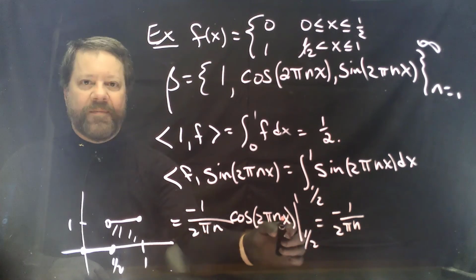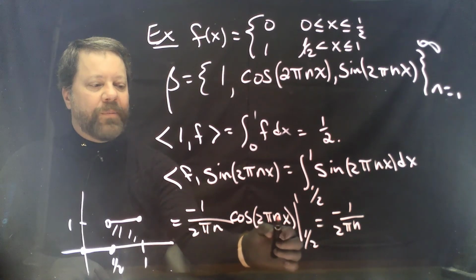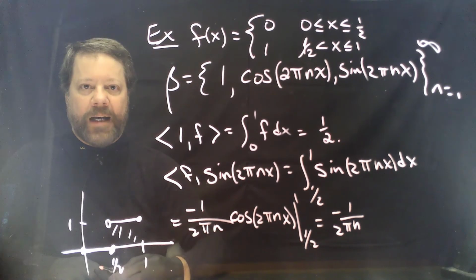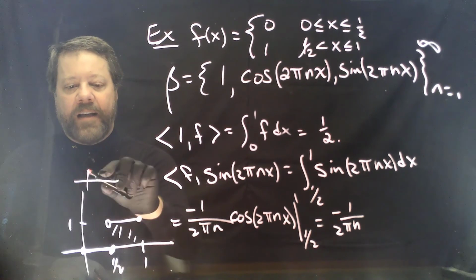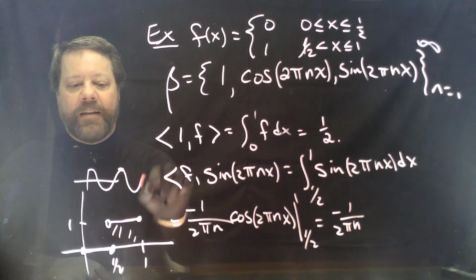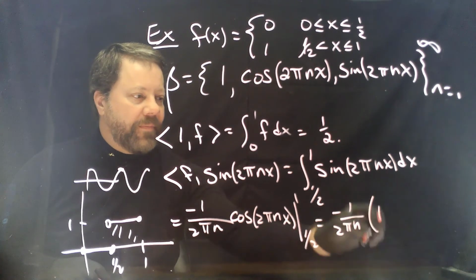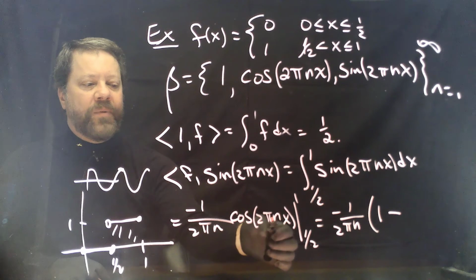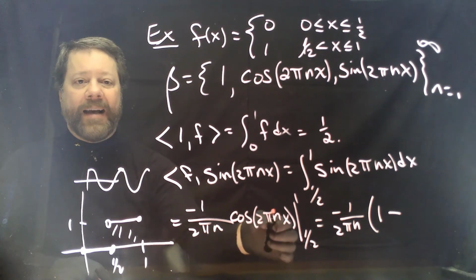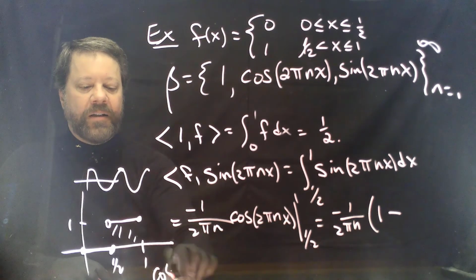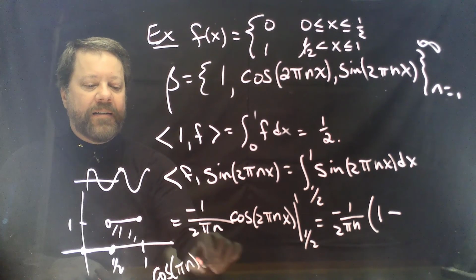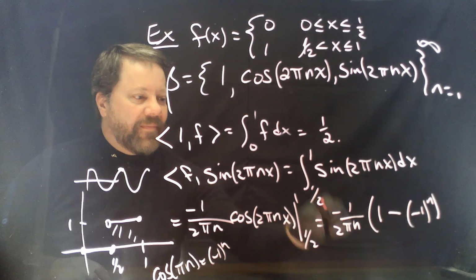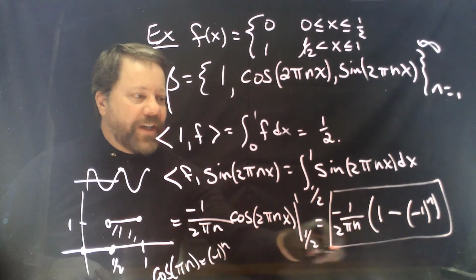When we plug in 1, we get an even multiple of pi, 2n times pi. Cosine at any even multiple of pi will have a value of 1. When we plug in 1/2, we get cosine of pi n, but cosine of pi n is negative 1 to the power n. So those are the projections in this case.